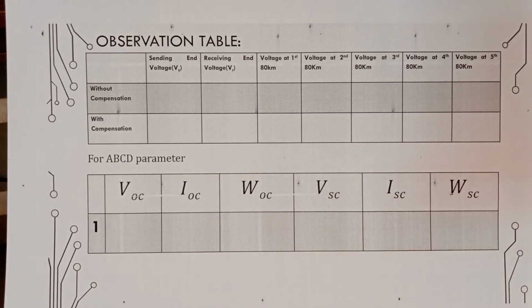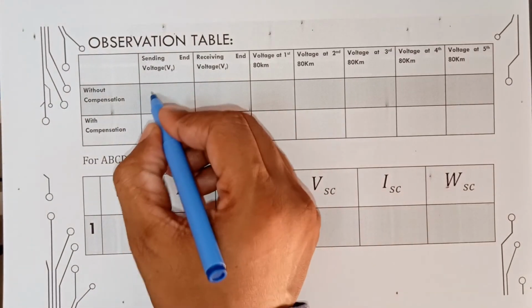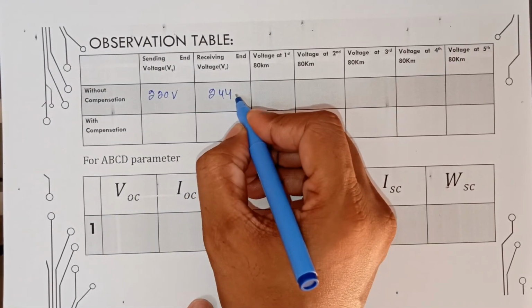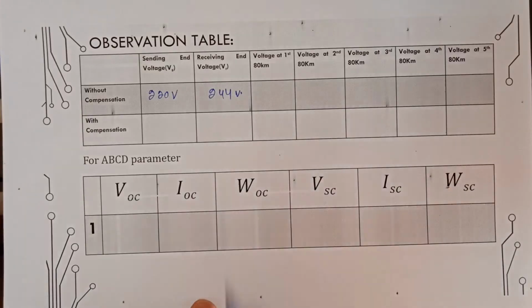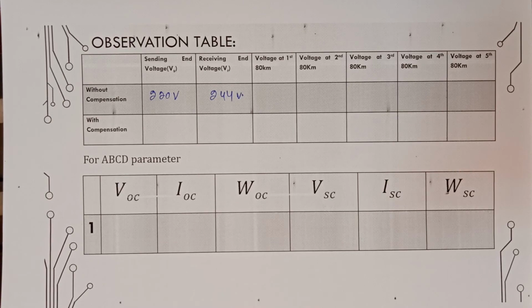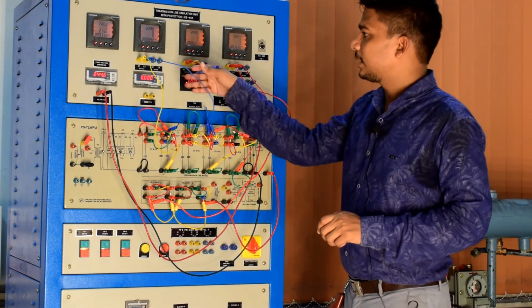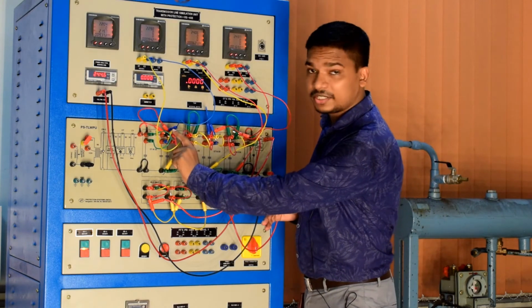In the observation, the sending end voltage is 220 volt, the receiving end voltage is 244 volt, and at the first 80 km we are observing the voltage as shown. Here the power analyzer as voltmeter is connected at the first 80 km.